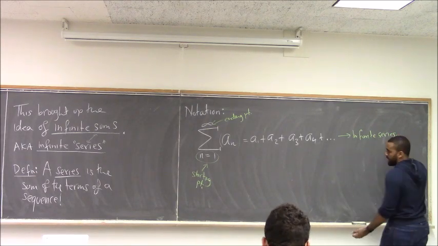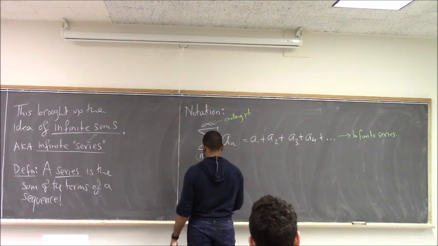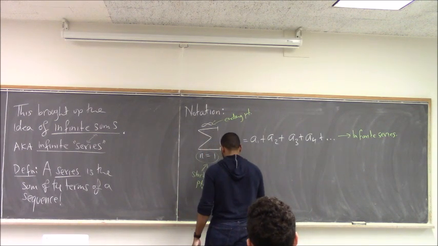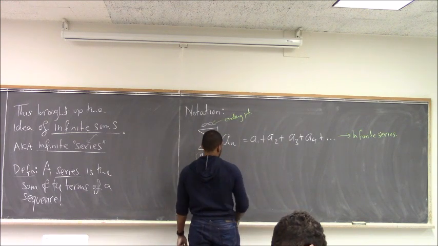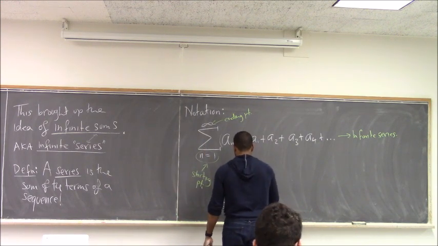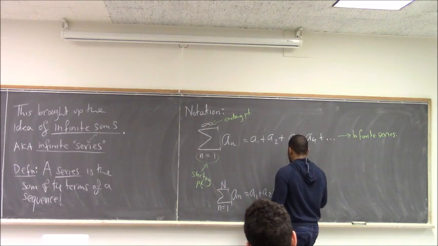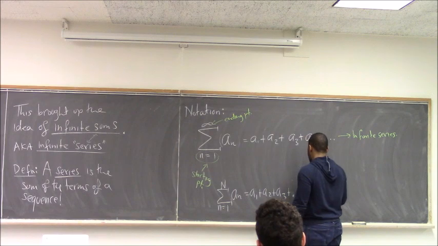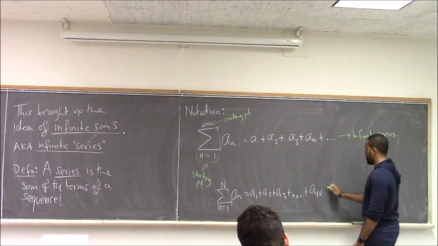Now, you can have a finite series, so I could say something like n goes from 1 up to big N of a little n, and I can say, oh, that's a1 plus a2 plus a3, and that one dot dot dot eventually stops at a number. This one here is called a finite series.